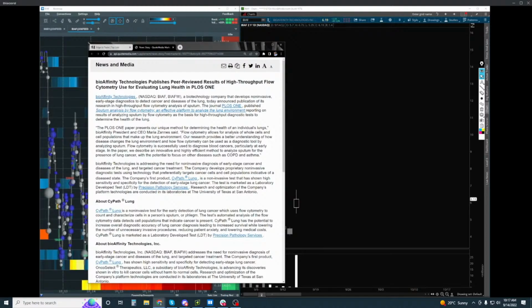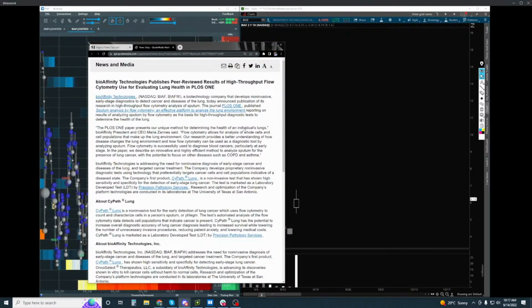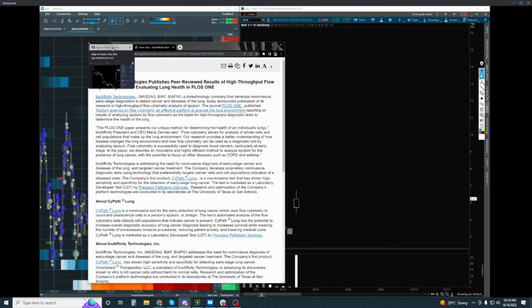So we have an update. The paper presents our unique method for determining the health of an individual's lungs. So this is what it is, but it's definitely not final endpoint met, phase 3, or FDA approval.